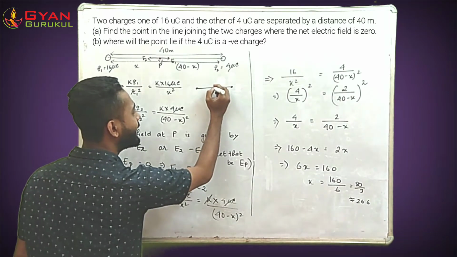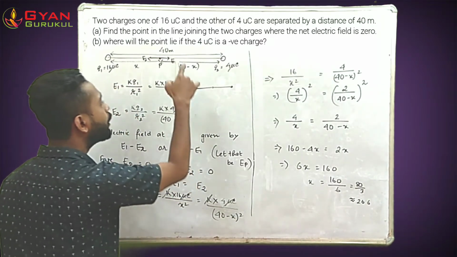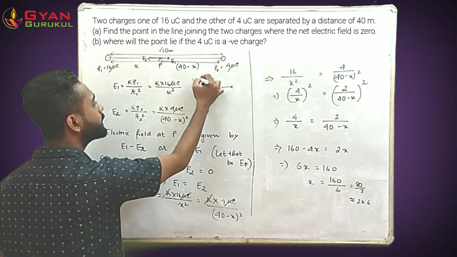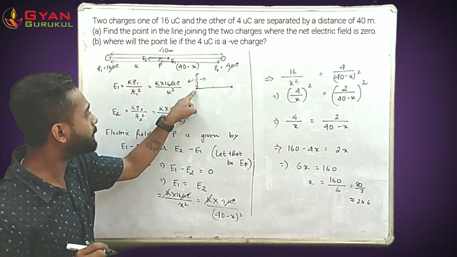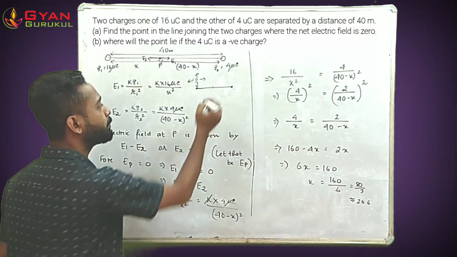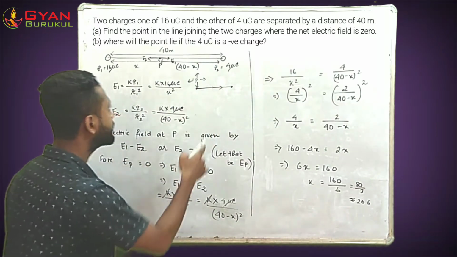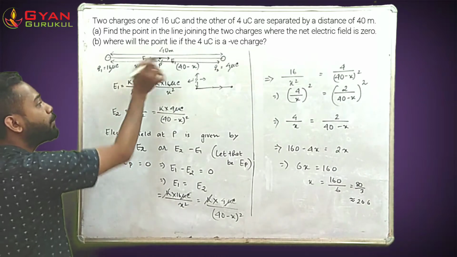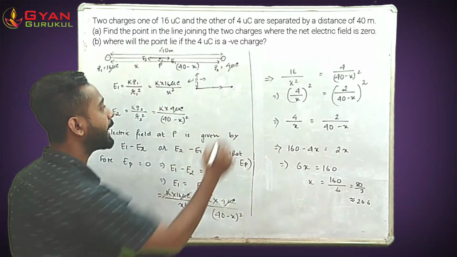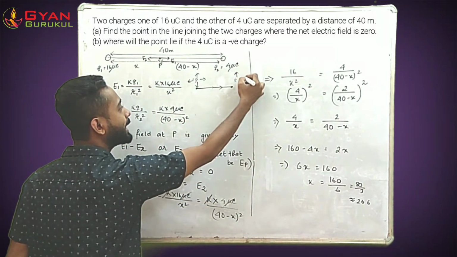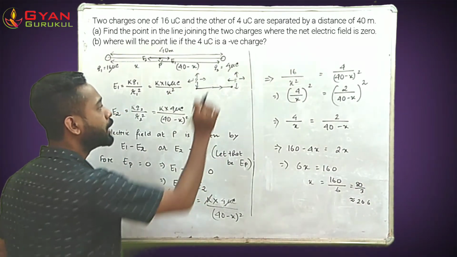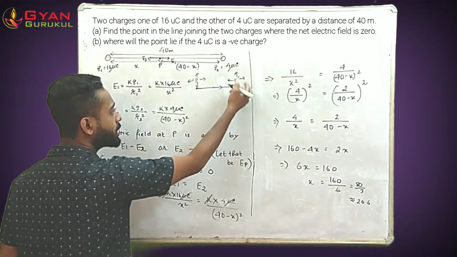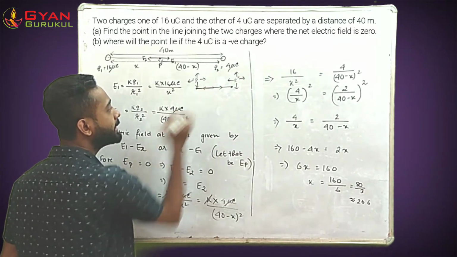If I take any point here, for a positive charge we know the electric field is radially outward. So this being a positive charge, at this particular point the electric field will be in this direction, as you can see here, that is E1. Similarly, this being another positive charge, the direction of the electric field would be radially outward, in this direction.